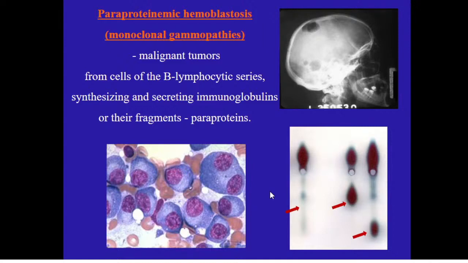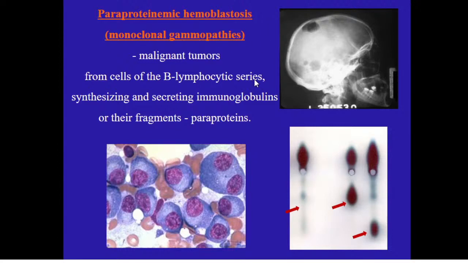If a tumor appears from a B cell that is already differentiated until the secretion of immunoglobulins, the daughter cells will be absolutely the same as the mother cell. And the pool of this clone of cells will start to produce a great quantity of one type of immunoglobulin, with one primary structure, one charge, so one mobility in electrophoresis.